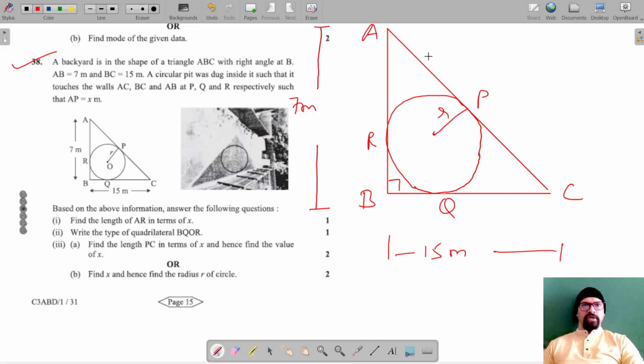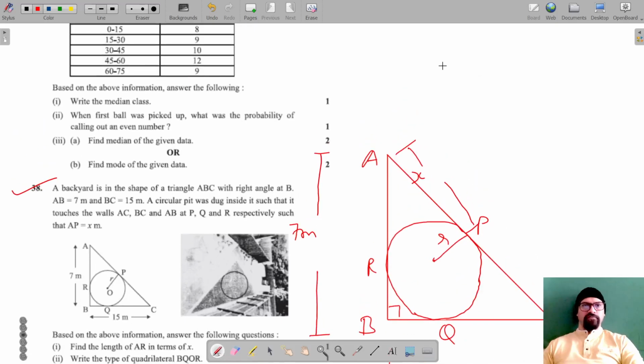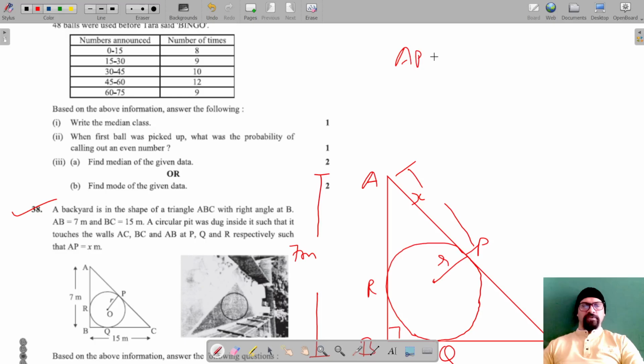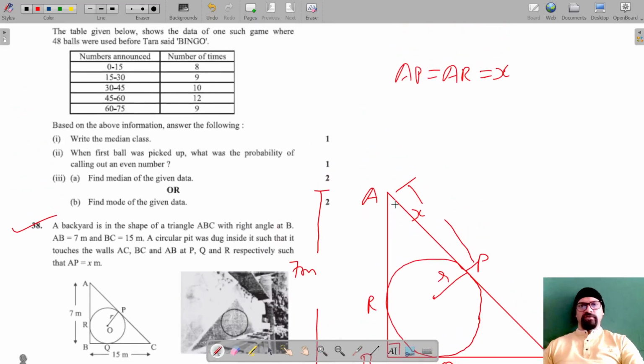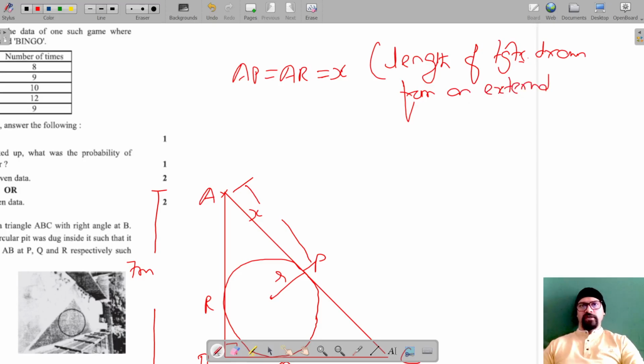It's given that AP is X. And we have to find the length of AR in terms of X. AP is equal to AR, so AR is also equal to X, because these are the tangents drawn from an external point to a circle, and length of the tangents drawn from an external point to a circle are equal.